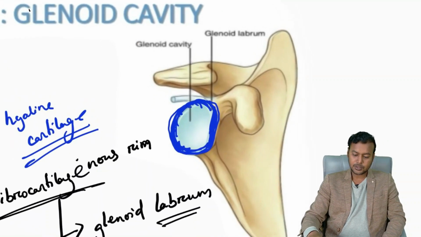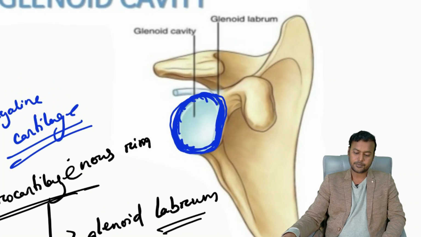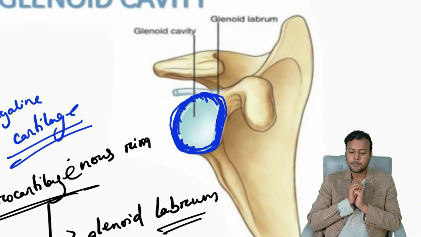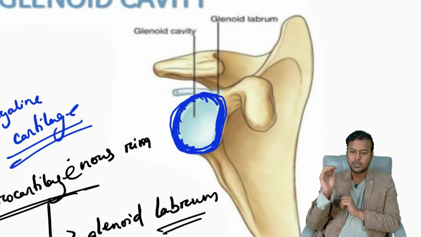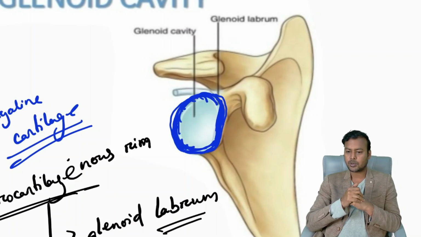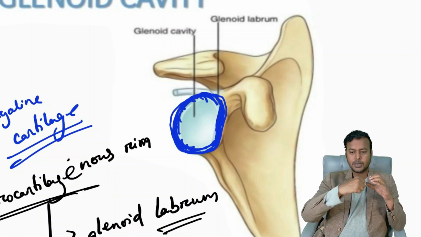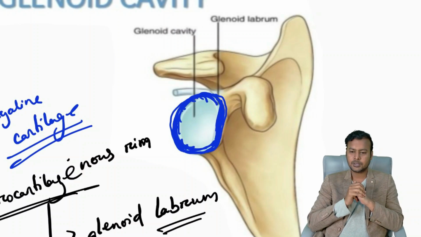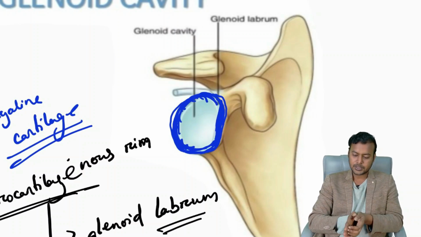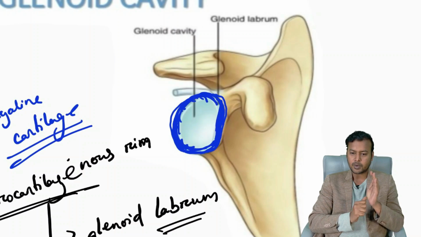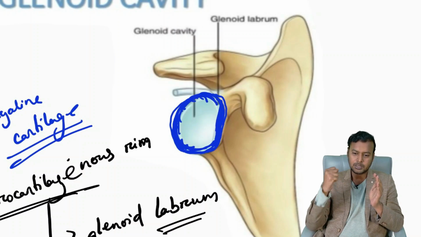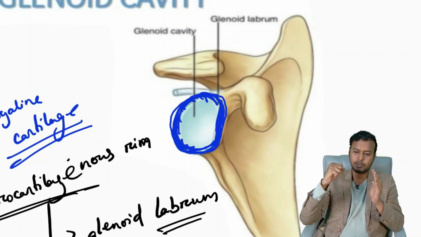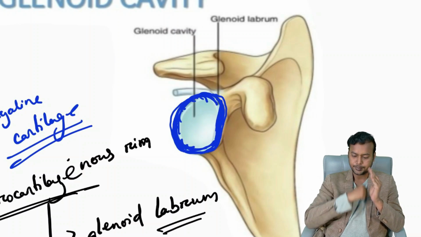Now, as you look at this articular surface, that is the glenoid cavity on the scapula, it is actually very shallow. It is not deep as in your hip joint, where the acetabulum completely encloses the head of the femur. Here in the shoulder joint, the glenoid cavity is quite shallow, whereas the other articular surface, that is the head of the humerus, is globular.